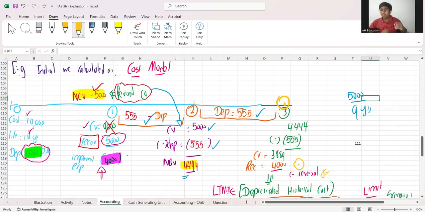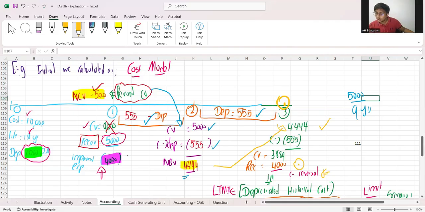Now I'll show you how it happens in year three. Don't ignore year zero, year one, year two, but those are irrelevant here. Year three is specifically related to your reversal of impairment. We know our year two carrying value will be our year three's opening value, which is 4444.